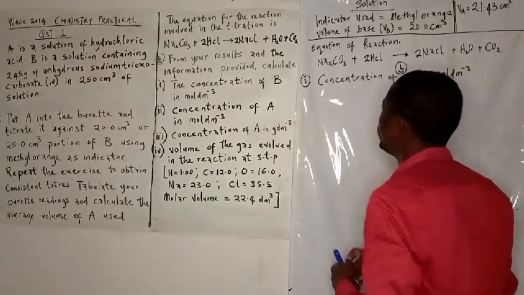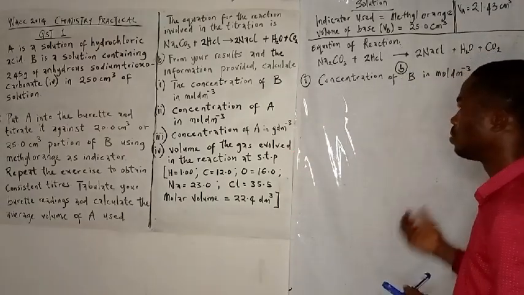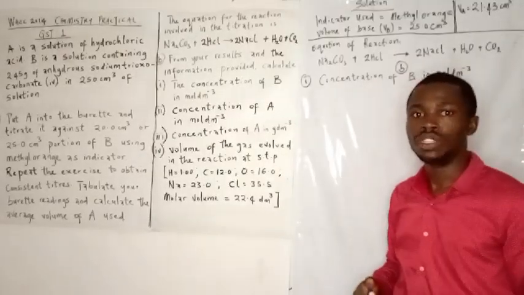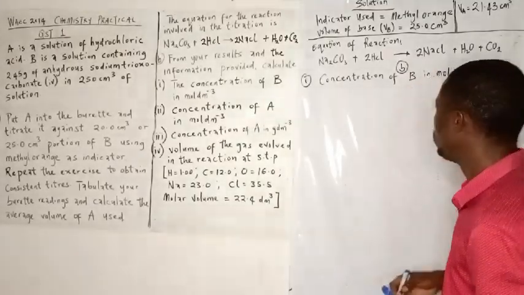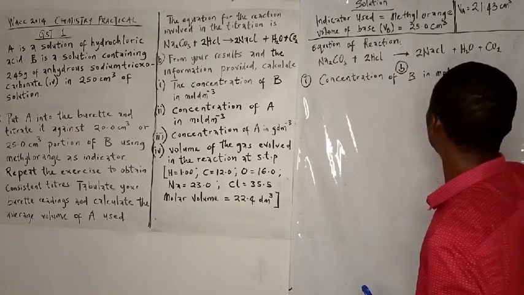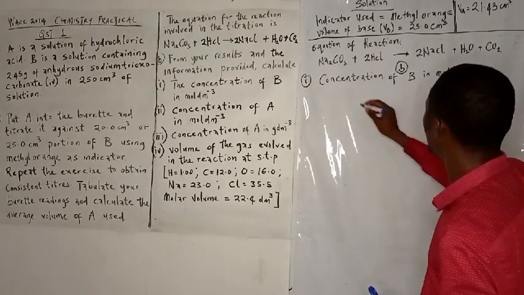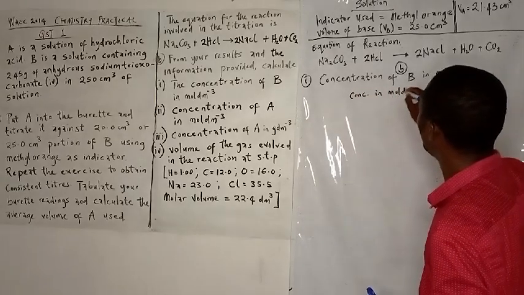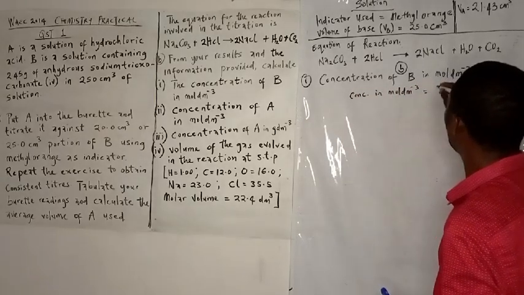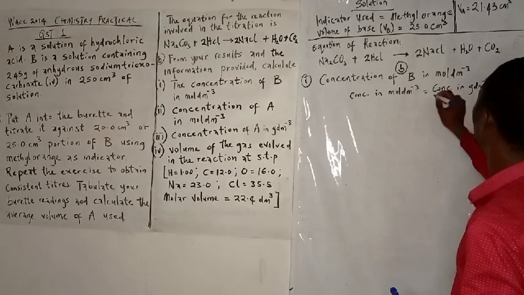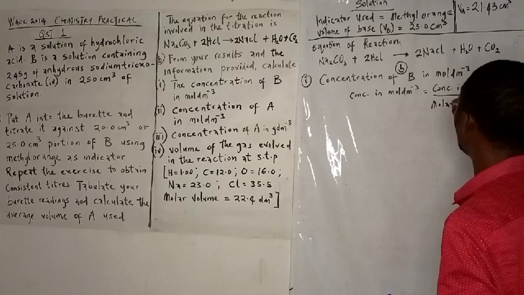For this, there are 2 formulas that can be used to find the concentration of B in mole per dm cube. The first one you can use: concentration in mole per dm cube is equal to concentration in grams per dm cube over molar mass.